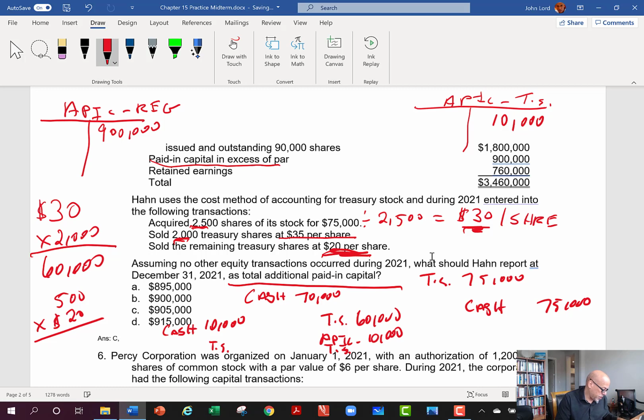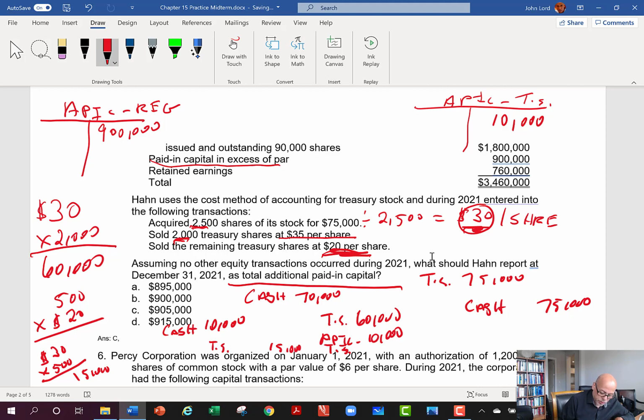So 500 shares now times the, sorry guys, $30, which is what I had originally picked it up for. $30 times the 500 shares, that's the remaining shares, is going to give me 15,000. So I have to credit the treasury stock there for 15,000.